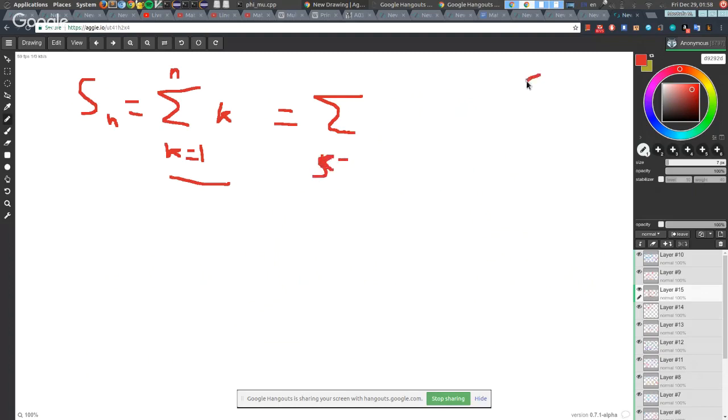Say this, here I'll make s equal to n minus k plus 1, where s starts from 1 and it goes up to n. And here we have n minus k plus 1.